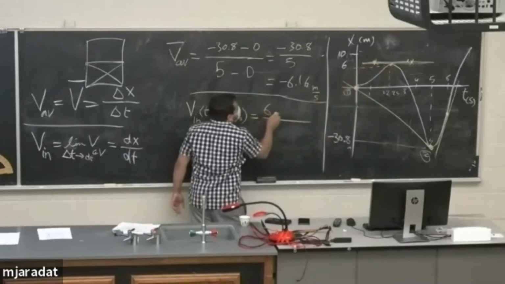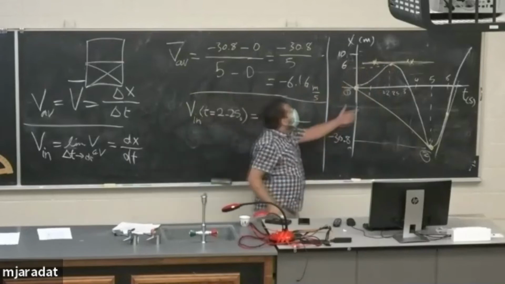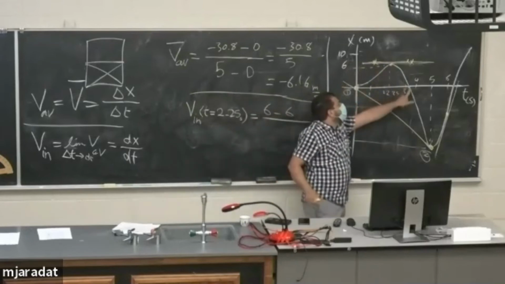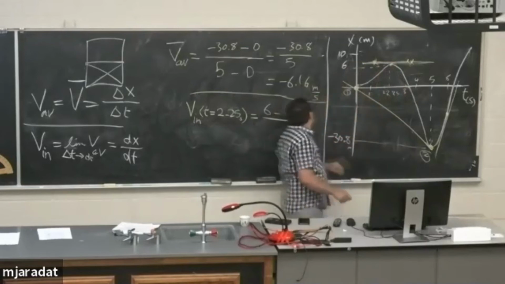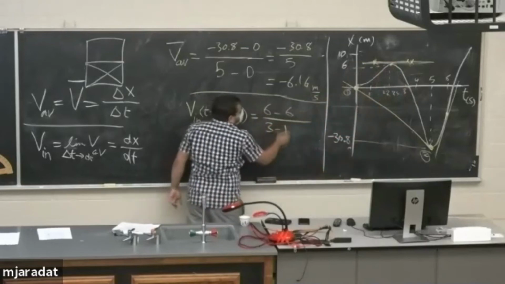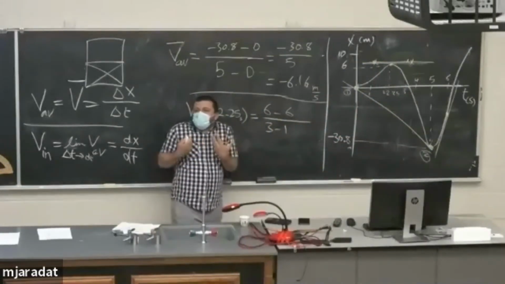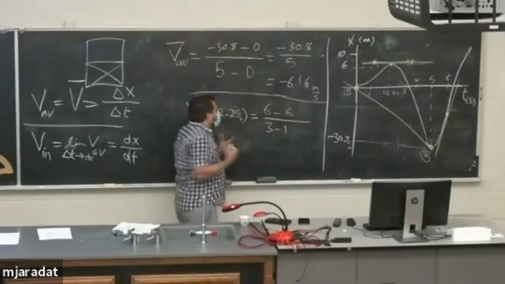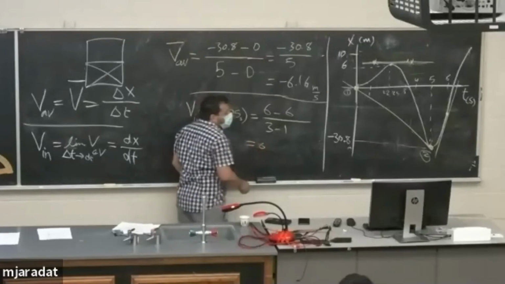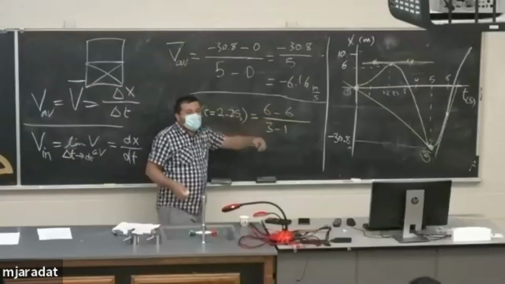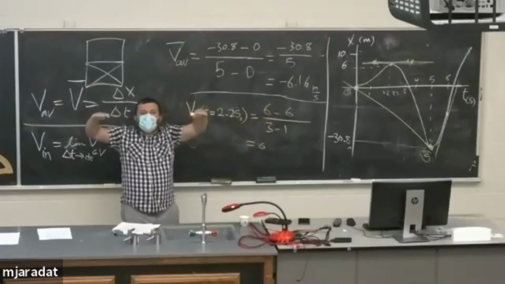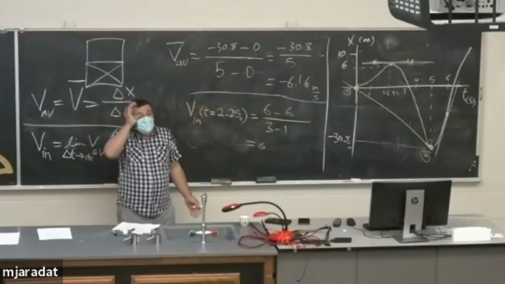It is 6 minus 6. So I need to choose the 2 points. It is at t equal 3 and t equal 1. So it is 3 minus 1. It is my line. I can choose any points on it. So it is equal to 0 meters per second because 6 minus 6. You know that the horizontal line has a 0 slope.